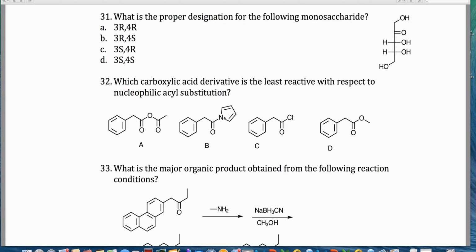But this amide has a leaving group that's aromatic. And the aromatic leaving group is going to be substantively more stable than a normal amide. So we have an acid anhydride, an acid chloride, and an ester. The ester would be the least reactive of these leaving groups. And so the credited response for number 32 is D.